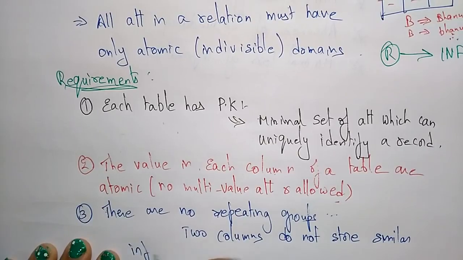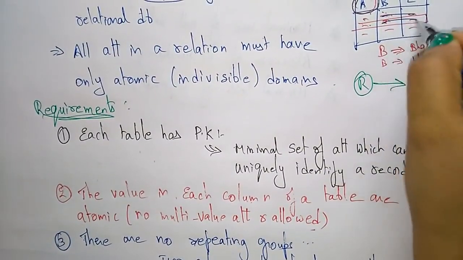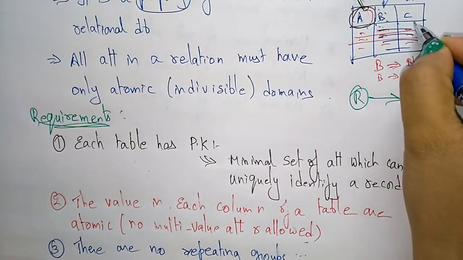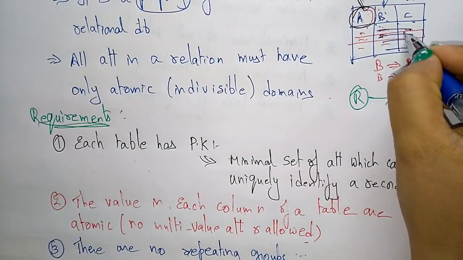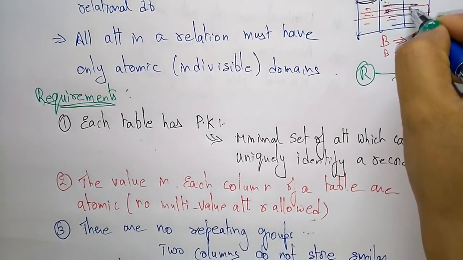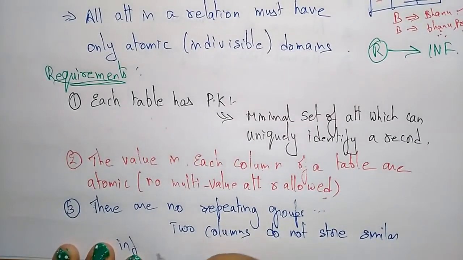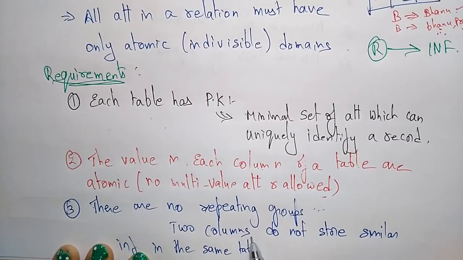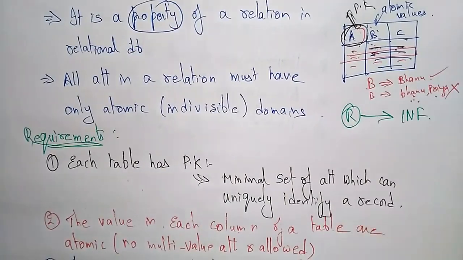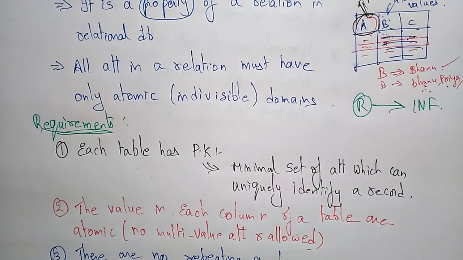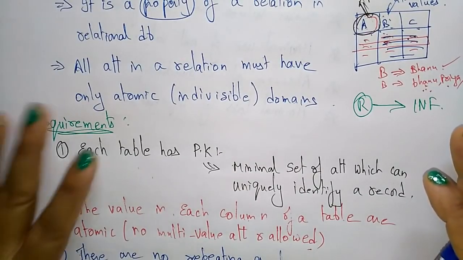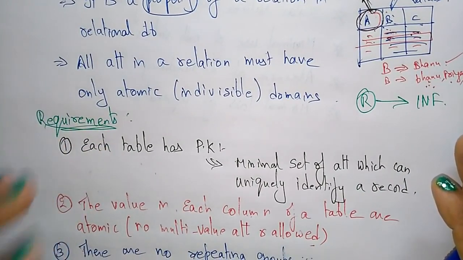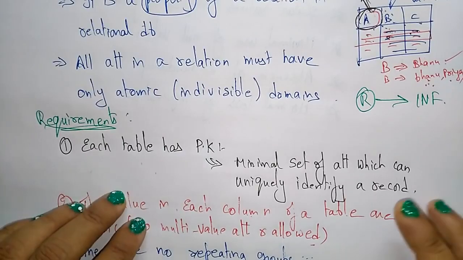Say B and C are two columns; they should not store the same information in the same table. If it is in another table, it is okay, but in the same table no two columns should have the same information. So these are the requirements you need when you want to convert a relation into first normal form.